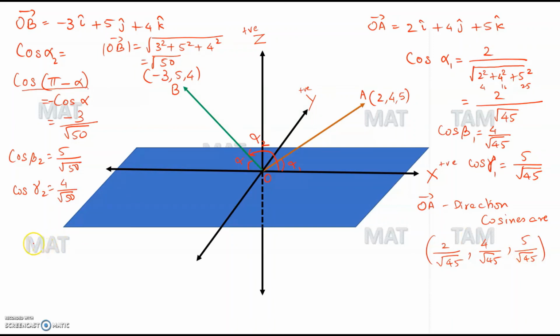And the direction cosines for OB vector would be given by minus 3 by root 50, 5 by root 50, 4 by root 50. I hope this gives you a clear understanding of what direction cosines and direction ratios are.